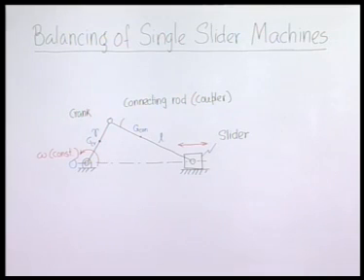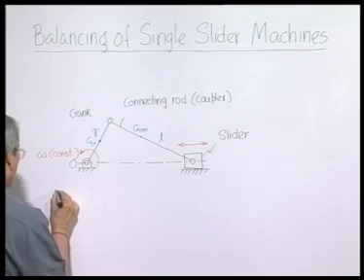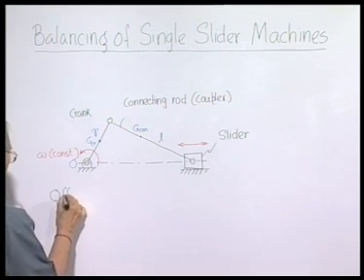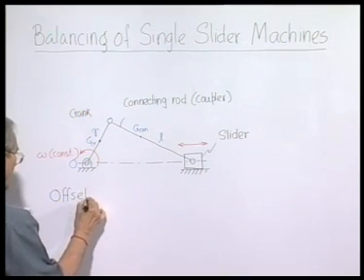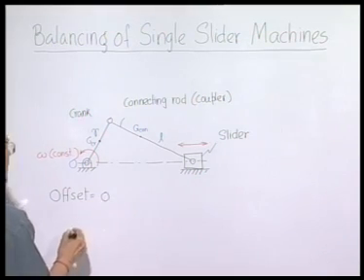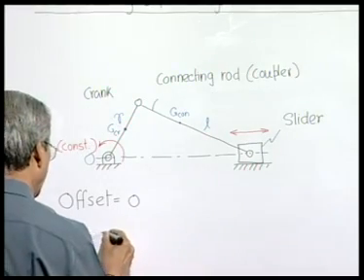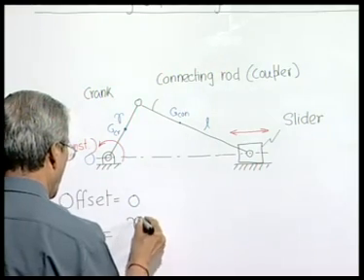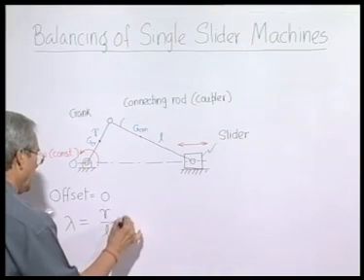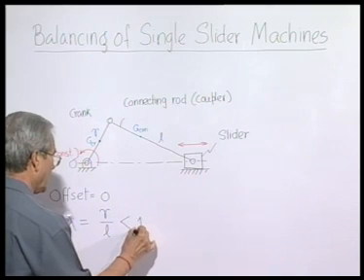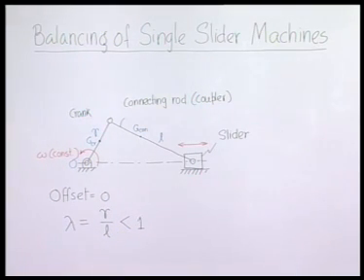So, we have to keep in mind that offset is 0, and also that for the connecting rod length L and the crank radius r, the ratio r by L is less than 1, which is also generally the situation.